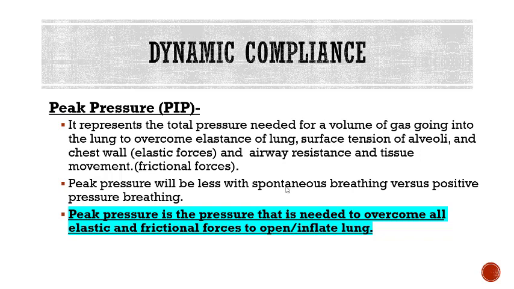Your PIP is the total pressure that is needed for a volume of gas going into your lungs to overcome the elastance of the lung, the surface tension of the alveoli, and the resistance of the chest wall. All of those combined are your elastic forces, which we previously talked about. The other thing it's trying to overcome to inflate your lungs is your airway resistance and your tissue movement, which are your frictional forces.